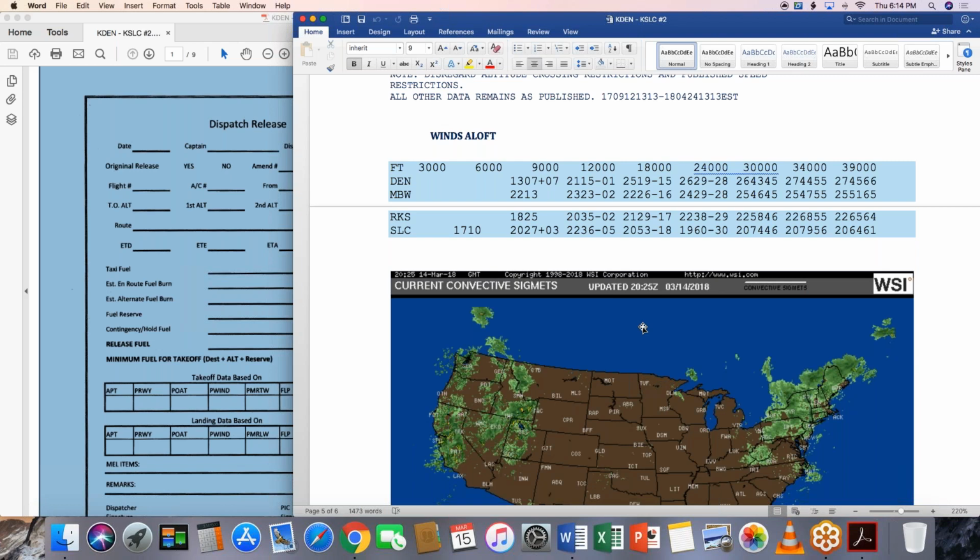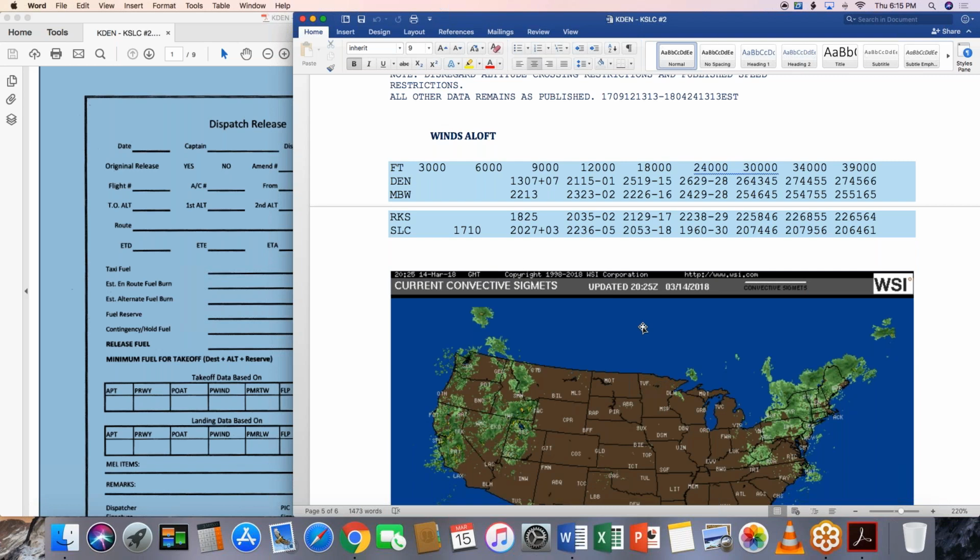How did you get the 250? I'm looking on my chart. You have it on your paper though, your route briefing. Your route briefing has the winds aloft. So just take 250, right? You're using 39,000? I'm using 39,000 feet.